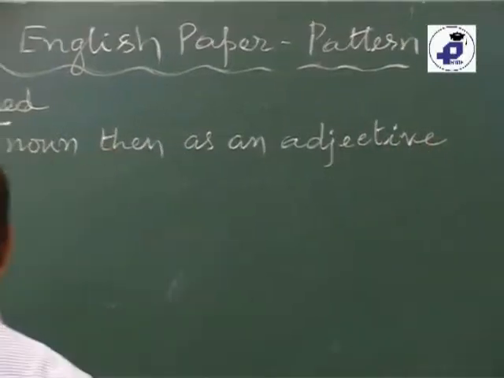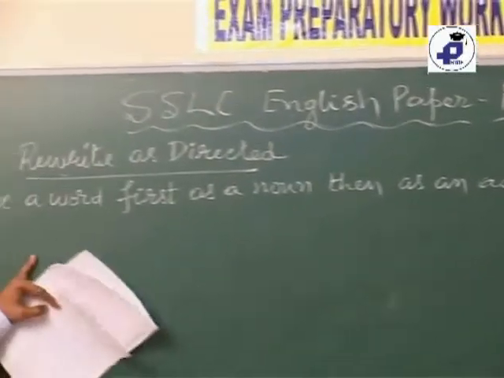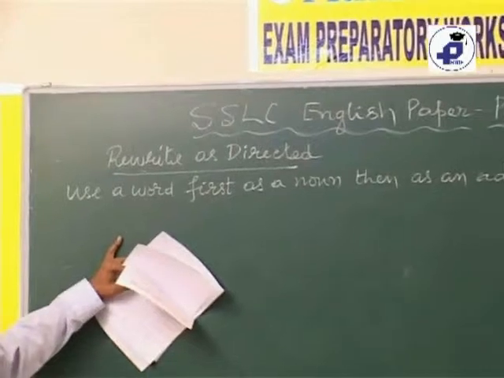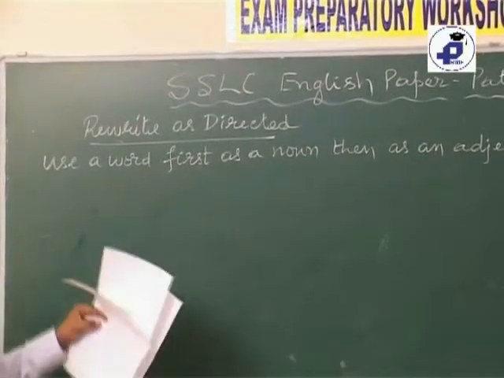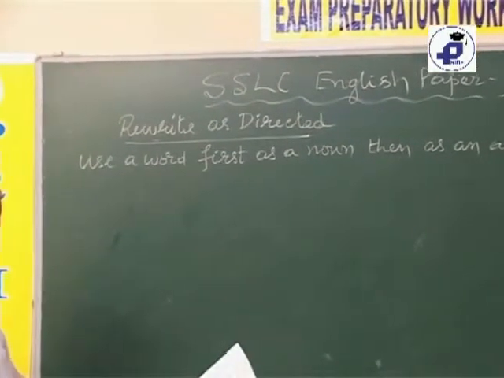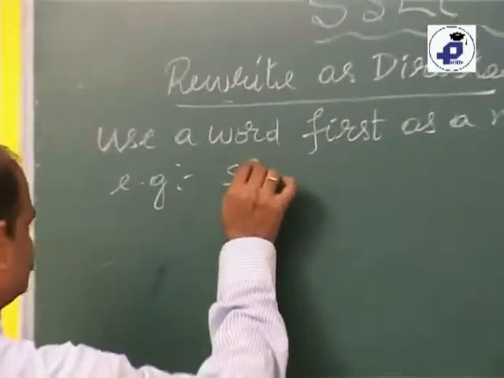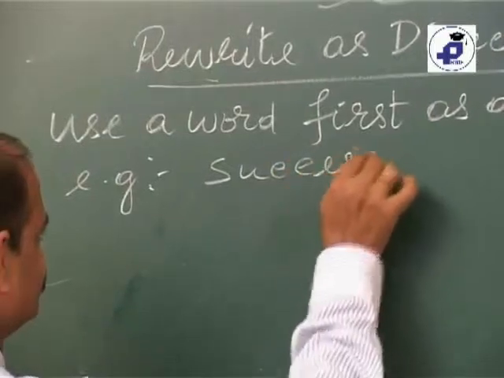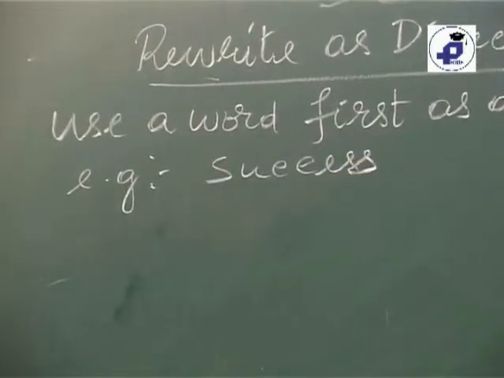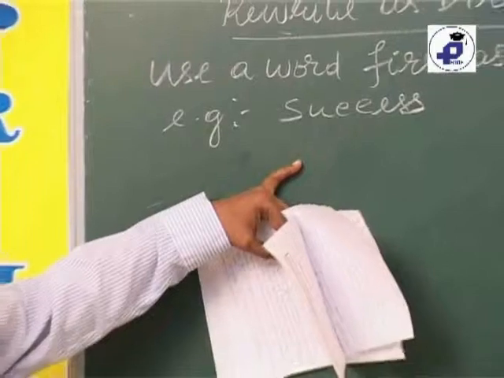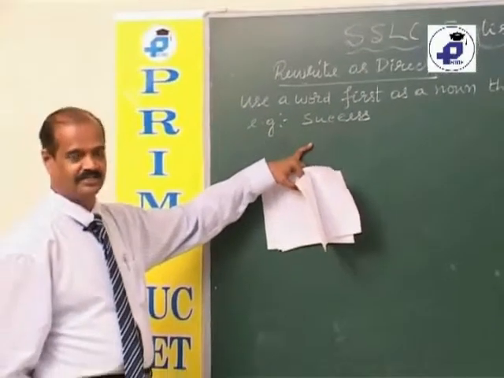Now, this is one pattern of question where you will be given: use a word first as a noun, then as an adjective. For example, the word sometimes given is success. Now here you are expected to use this word success as a noun as well as an adjective.